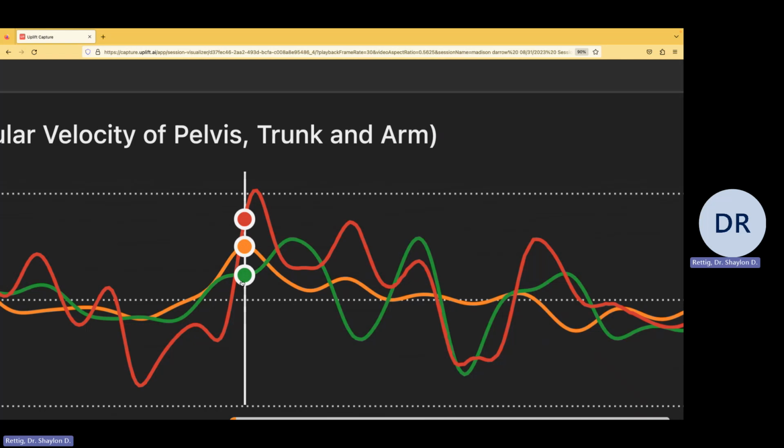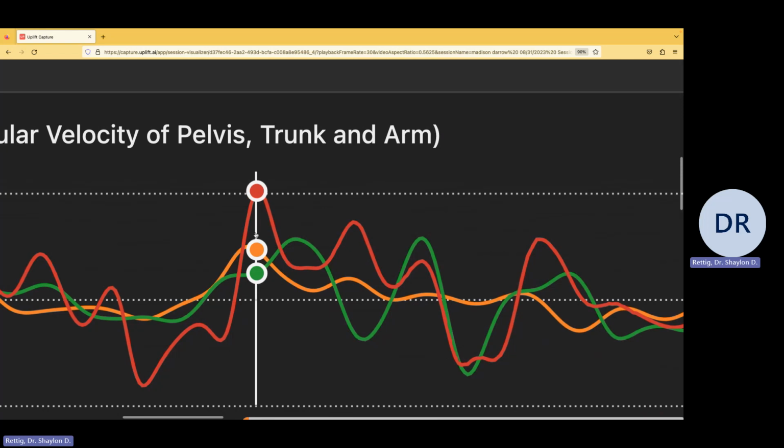So ideally you want orange to peak, which is the pelvis, and then that transfers the power to the trunk, which is the green, and then it transfers the power to your arms and the bat.